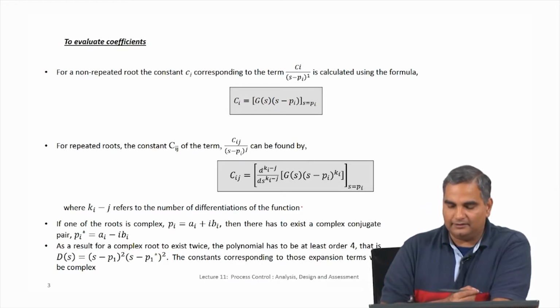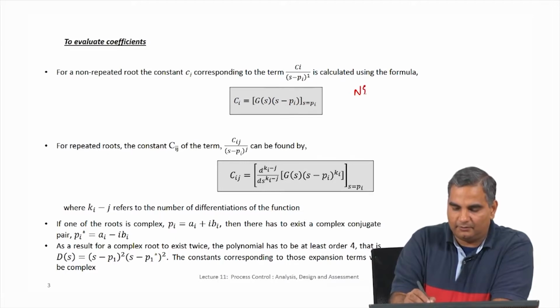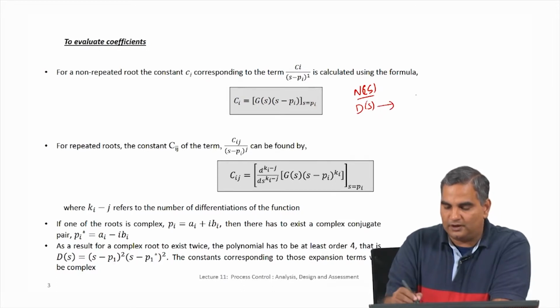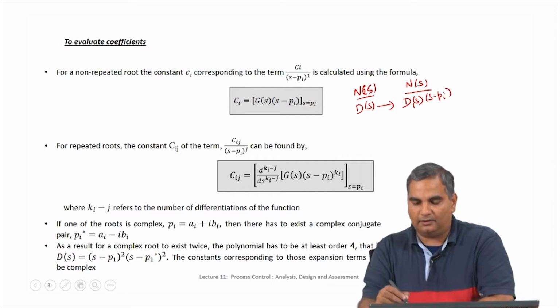So, the idea is the following. Supposing I have N(s) by D(s), and let us say this D(s) has one pole which is not repeated. So, basically this is going to be N(s) divided by some D1(s) times (s minus pi), and this is not repeated.